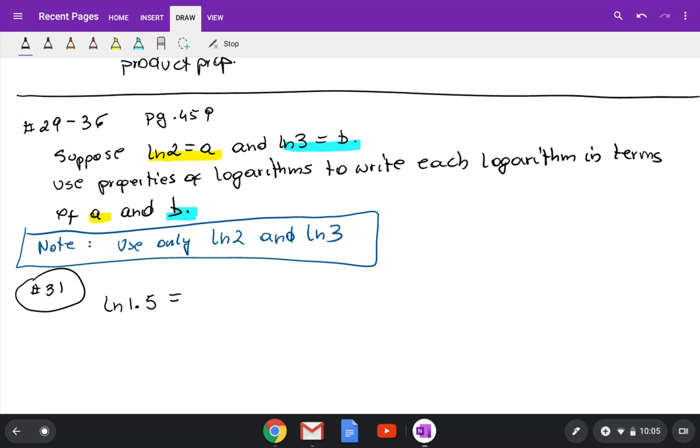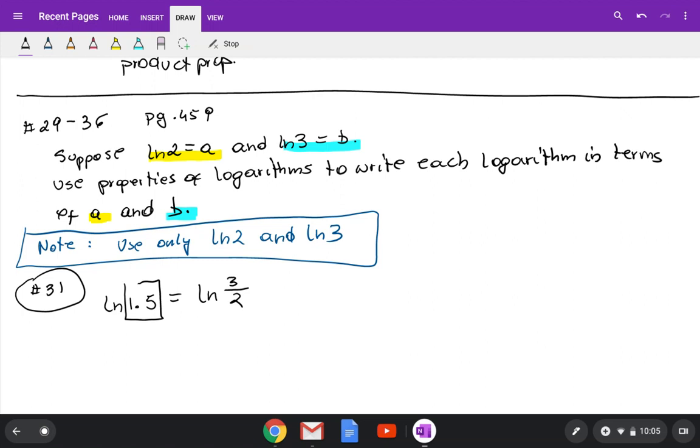Before we convert to a and b, we need to convert that to use either ln of 2, ln of 3, or both. Let's think about 1.5. 1.5 is definitely the same as 3 divided by 2, so I rewrite 1.5 as 3 over 2.